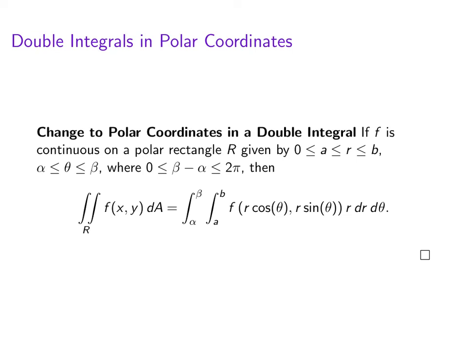Then if we evaluate the double integral over R of f of (x, y) dA, we can convert that into a dr d theta integral like this. We replace x with r cosine theta, we replace y with r sine theta, and then the limits on theta go from alpha to beta, and the limits on r go from a to b.